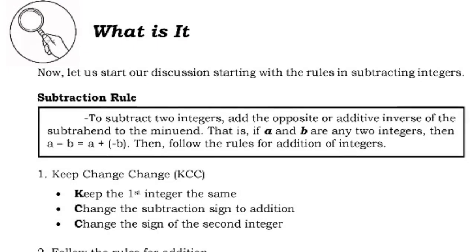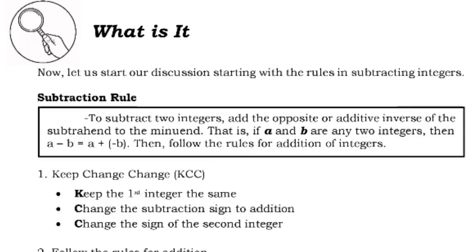Next is What Is It? So subtraction rule. To subtract two integers, add the opposite or additive inverse of the subtrahend to the minuend. That is, if a and b are any two integers, then a minus b equals a plus negative b.